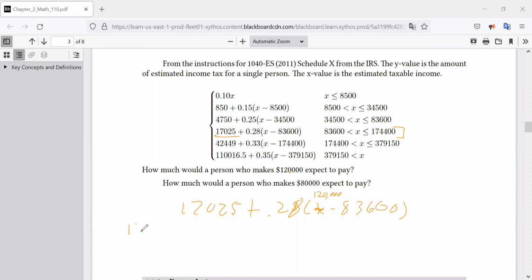So this is $17,025 plus 0.28 times this guy, which becomes 36,400. Somebody have a calculator? Want to tell me what that is?